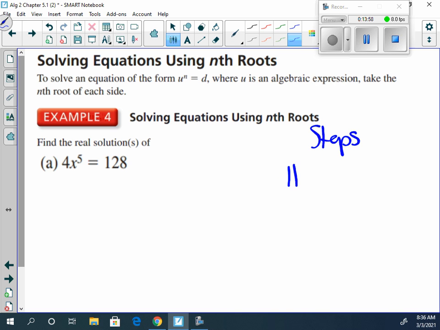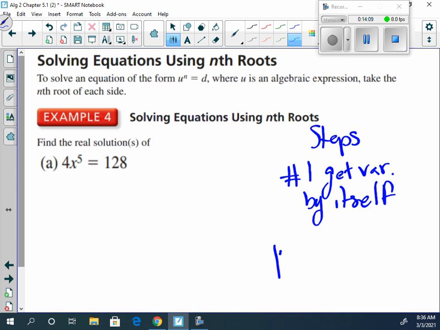Steps. 1. Get the variable by itself. Step number 2. Take the nth root of both sides.